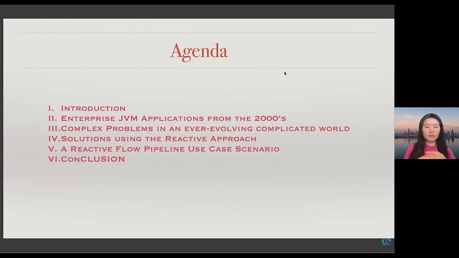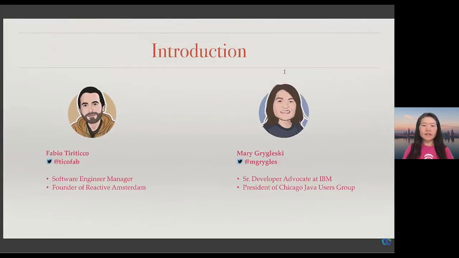And then we'll propose our solutions using the reactive approach. And then at that point, Fabio will do a demo of what we're proposing with a pipeline. And after that, we will have a conclusion and discuss some of the important key points that we learned from this exercise. But first, let me give an introduction.